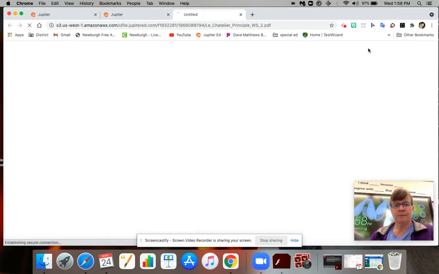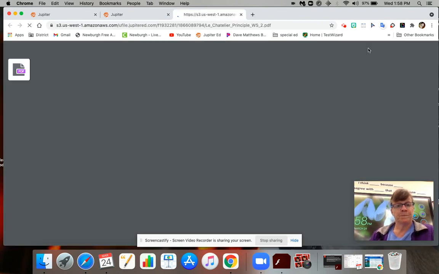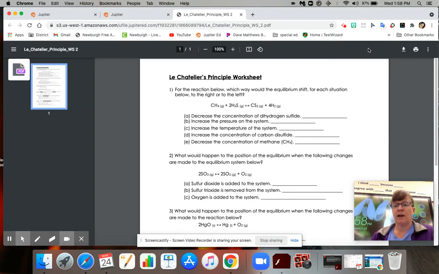So in this worksheet, we're going to look at specific questions, not really a chart. Okay, so let's go through. Which way would the equilibrium shift? To the right or to the left? That's what they're asking us to write.